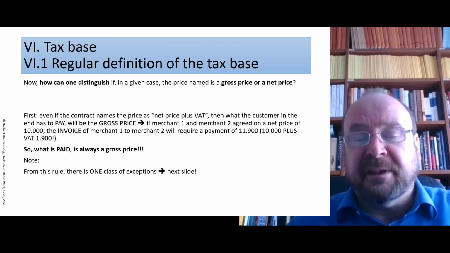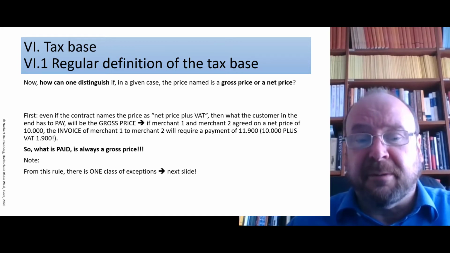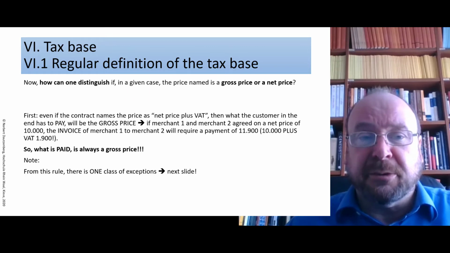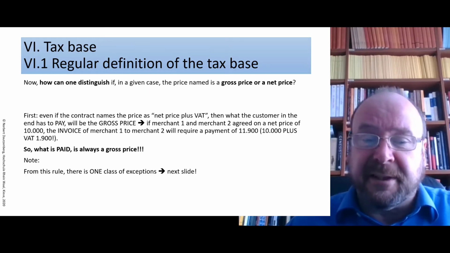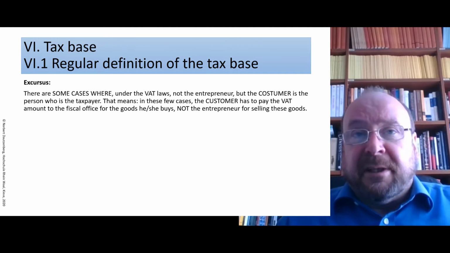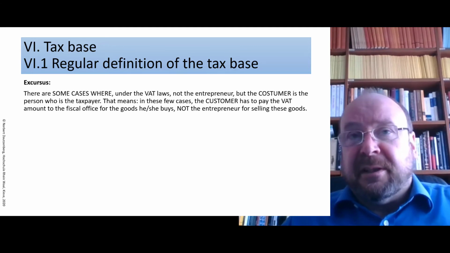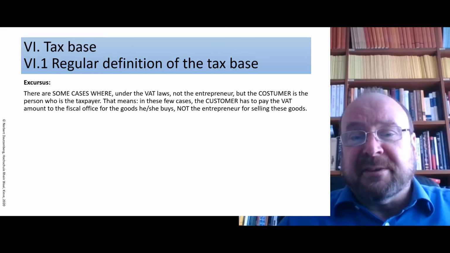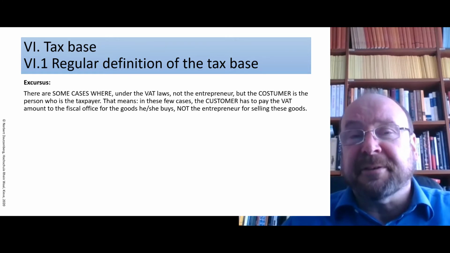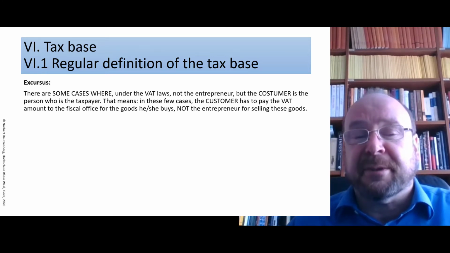There are deviations, exceptions from that very fundamental rule, which I show you now on the next slide. Let's have a look. There are some cases where under the VAT rules, not the entrepreneur, but the customer is the person who has to do the tax payment to the fiscal office, so who is the official taxpayer.